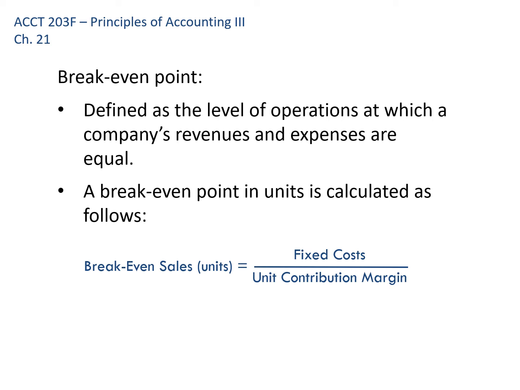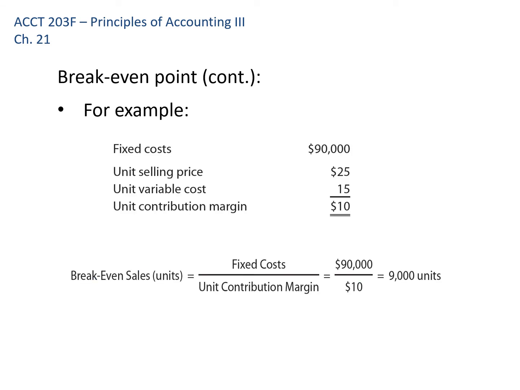So the break-even sales in units are the fixed costs of the company divided by the unit contribution margin. So as an example, I've got an example coming up next. I'll show you here. So this company has fixed costs of $90,000. Let's say that's the owner's salary and the rent, okay?